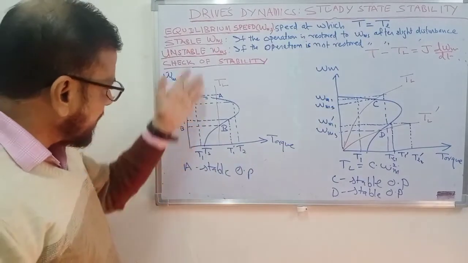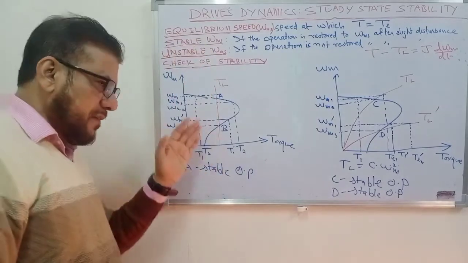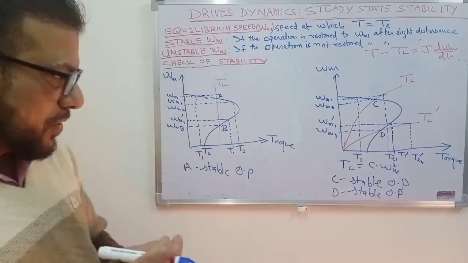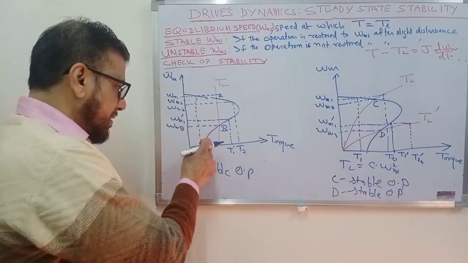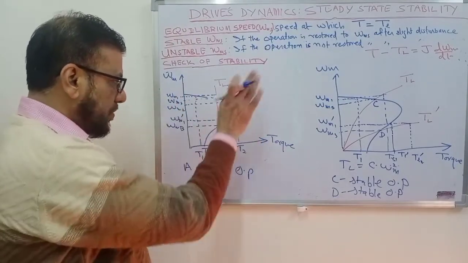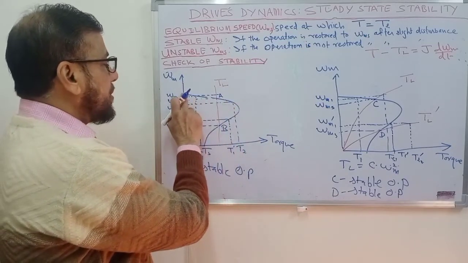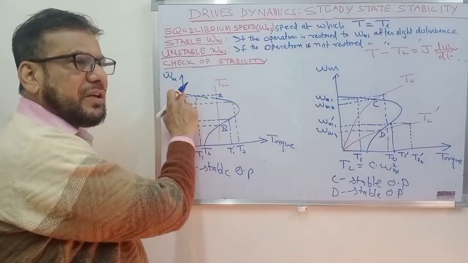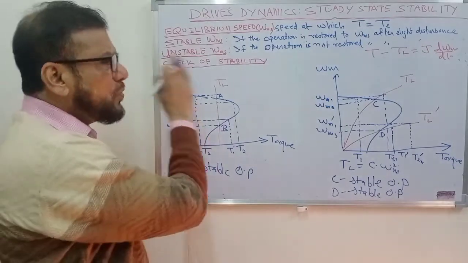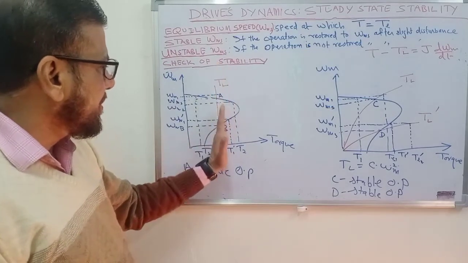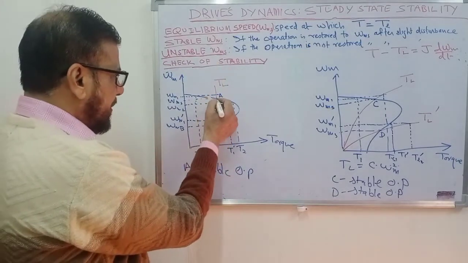And you can connect such a load when the motor has started running. You start the motor, give the supply, load torque is not there, motor will accelerate and it will reach this operating point, that is near the synchronous speed. Now you can connect a load torque. If you connect a load torque like this, TL, so what happens?